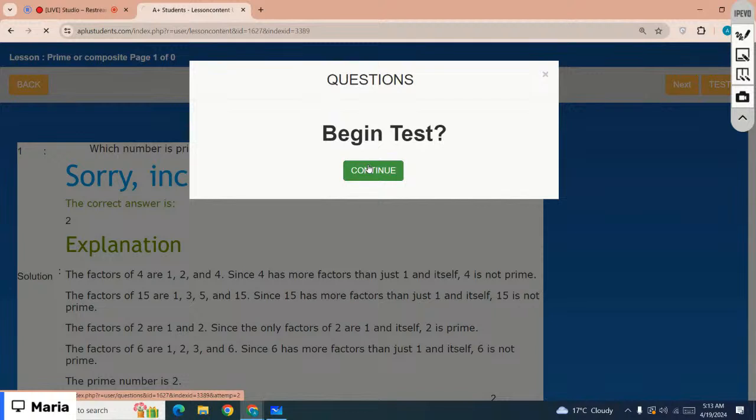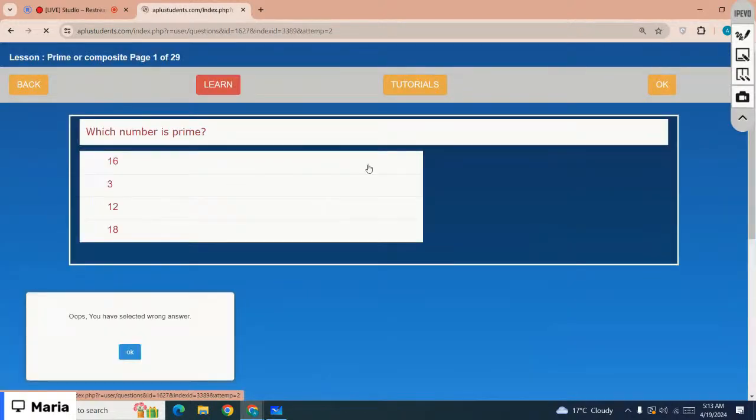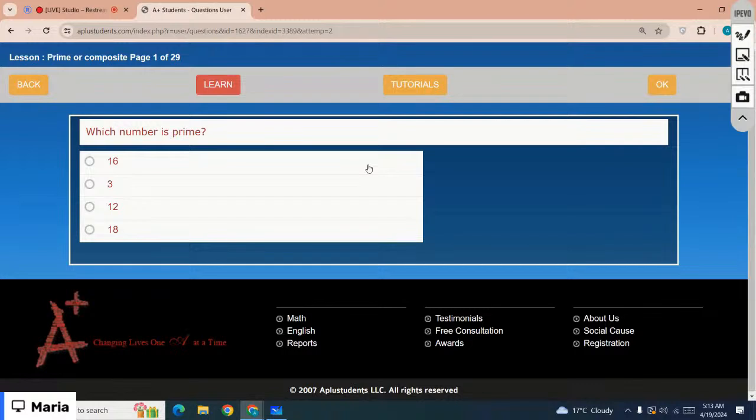Okay, which number is prime? You are given 16, 3, 12, and 18. You have to see which is a prime number. So which is the correct option? Which of the numbers have only two factors?